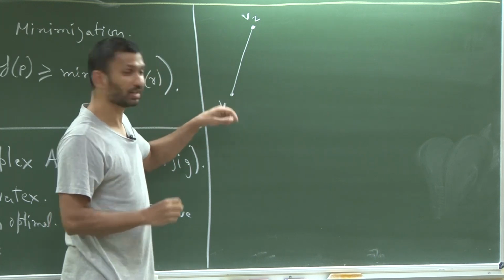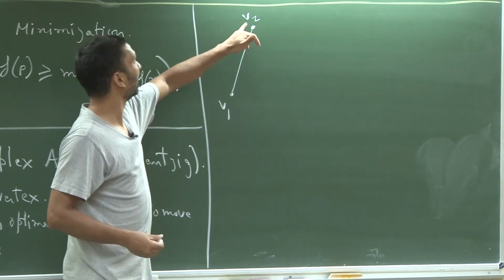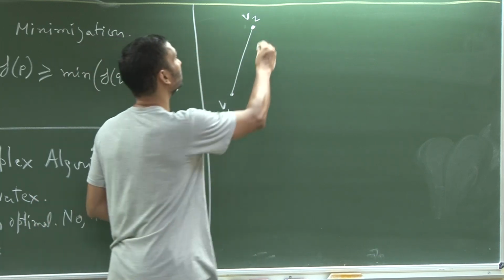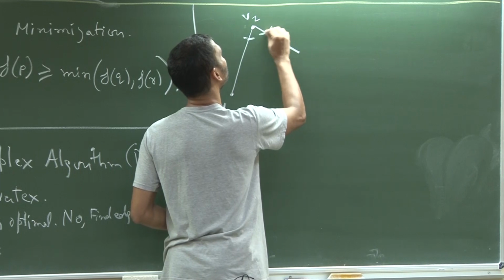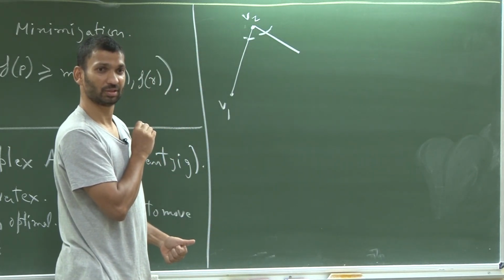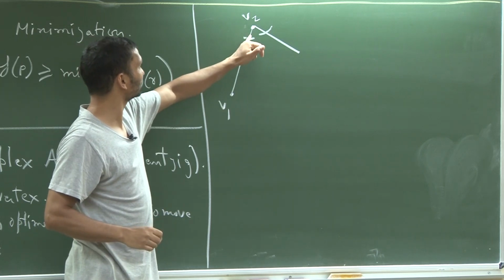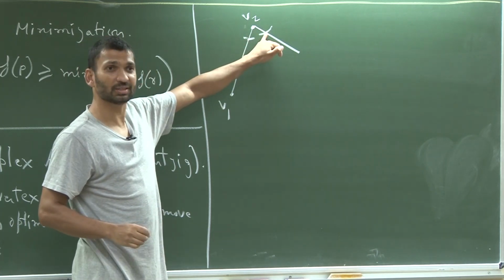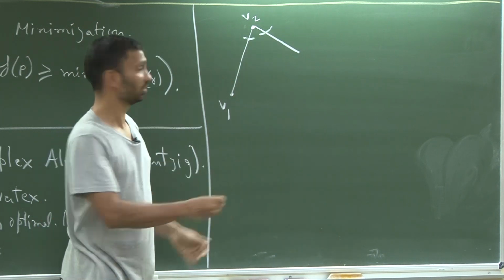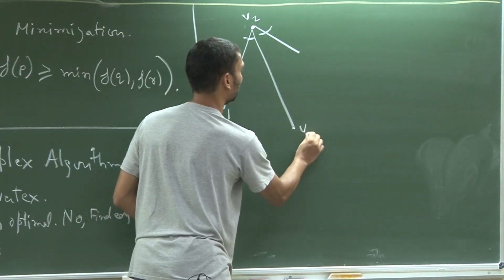And here, this is not a local optimum. That means there is some direction here where the value increases. I am saying one of these two is there where the value increases, because this might be optimal.